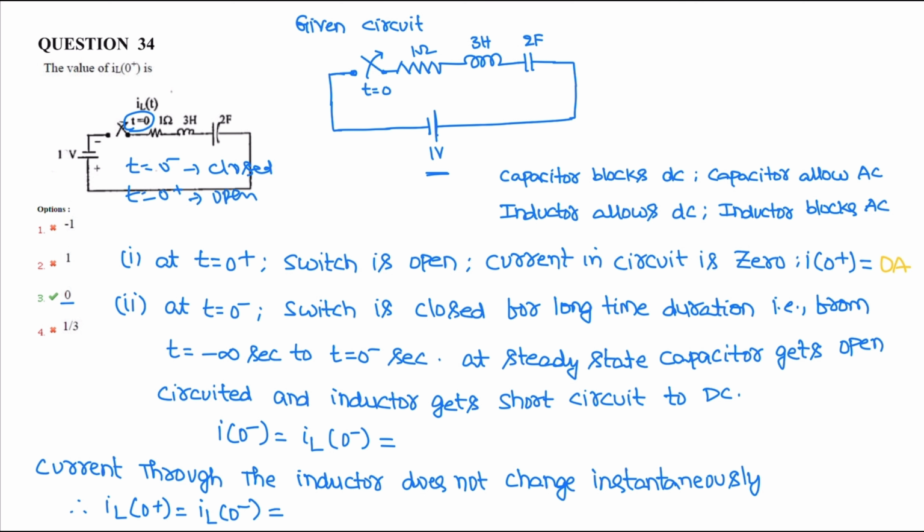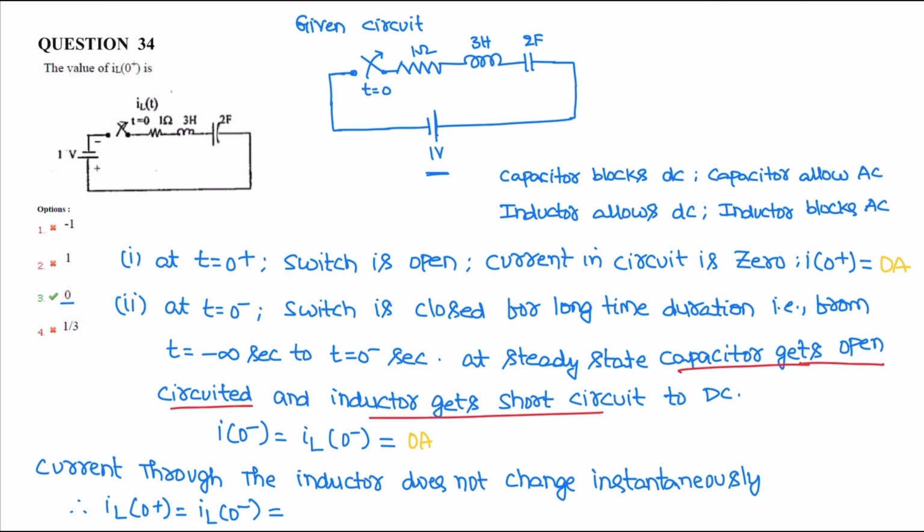At t is equal to 0 minus, switch is closed for a long time duration, that is from minus infinity seconds to t is equal to 0 minus seconds. At steady state, capacitor gets open circuited and inductor gets short circuited to DC. Therefore, once capacitor is open circuited, the current through the inductor is 0 amperes.